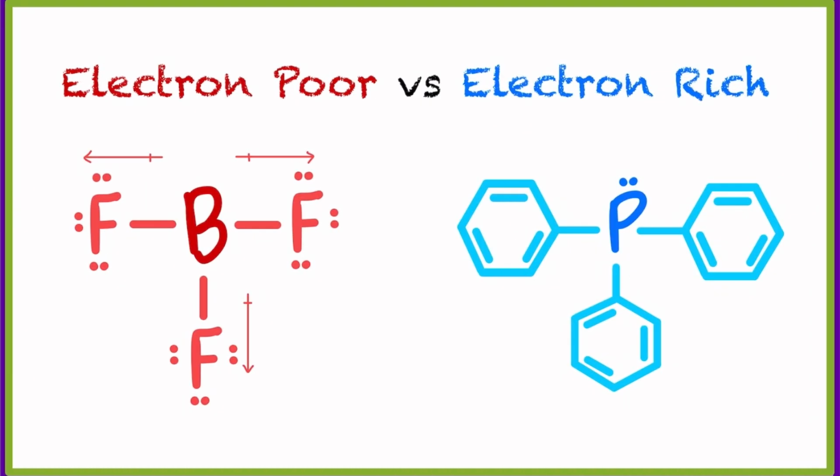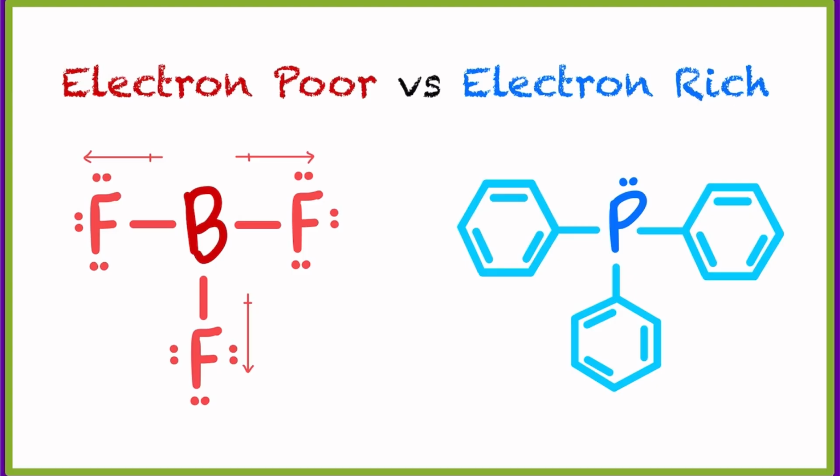You want to start with identifying who is electron-poor versus who is electron-rich. Some atoms are electron-poor because they are bonded to very electronegative atoms that pull all the electron density towards them. Also, the electron-poor atoms must be willing to accept electrons.